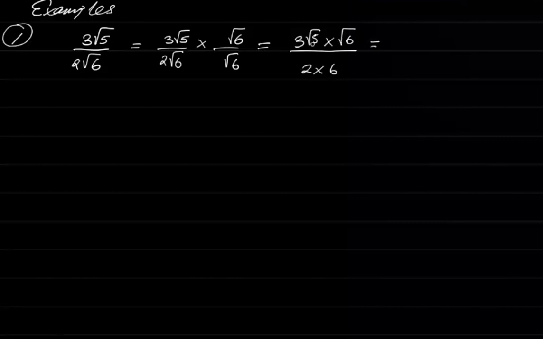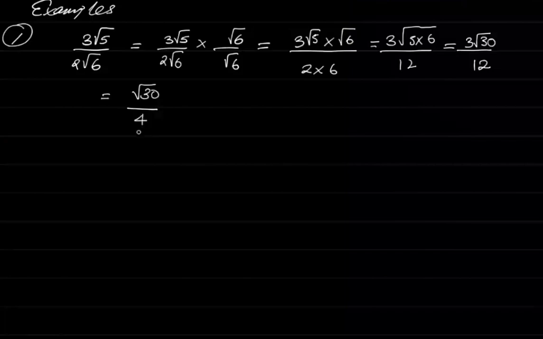From the product rule, this is the same as 3 times root of 5 times 6 over 12. Here we are going to have 3 root of 30 over 12, and we can proceed. 3 can go into 12, so this will be root of 30 over 4, and you are done.